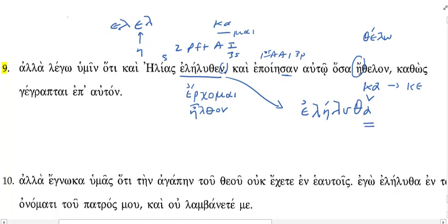It's longer than I'm expecting, right? Because my lexical form doesn't have anything. But if you look up thelo in your Mounce grammar, oops, I wrote the wrong letter here. Excuse me. What you'll see is that the real root of this word is ethel.